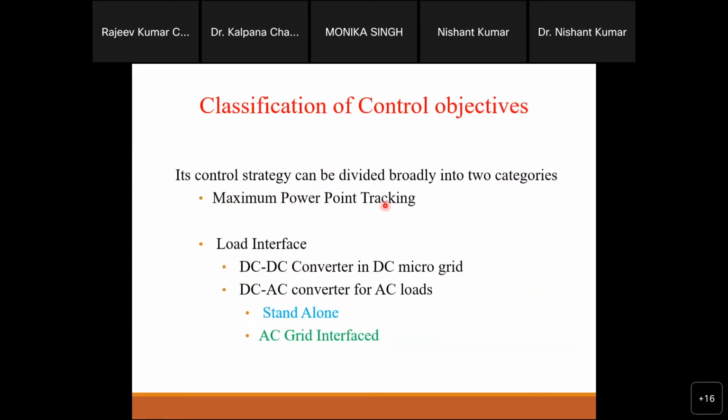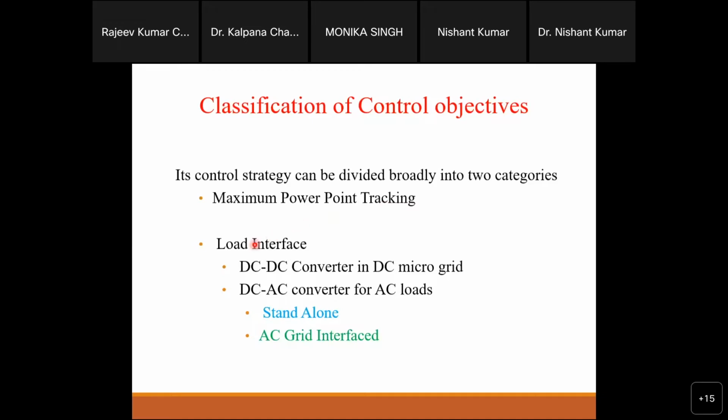If you look at the characteristics of the solar panel, you will realize that solar is a variable power source: according to your operating voltage, it will supply different powers. Why is this so? Because the solar system has variable input impedance. So maximum power extraction is the key part when we go for the solar panel. This is the first objective.